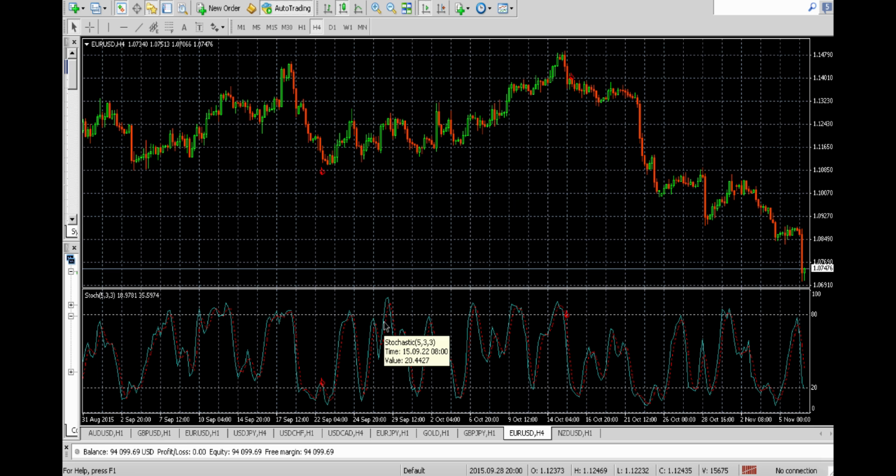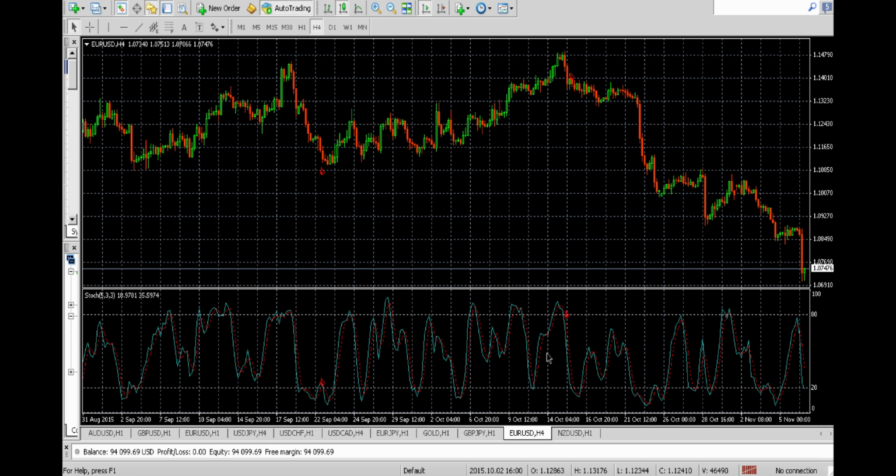Remember, what we're looking for is for it to pass the 80 line for a while, and then when it comes back down and penetrates below the 80 line, that's where we want to get into position. Likewise, for the oversold or buy signal, we want to see a dip below the 20 line, and as it turns back above the 20 line, that's where the buy signal is generated.